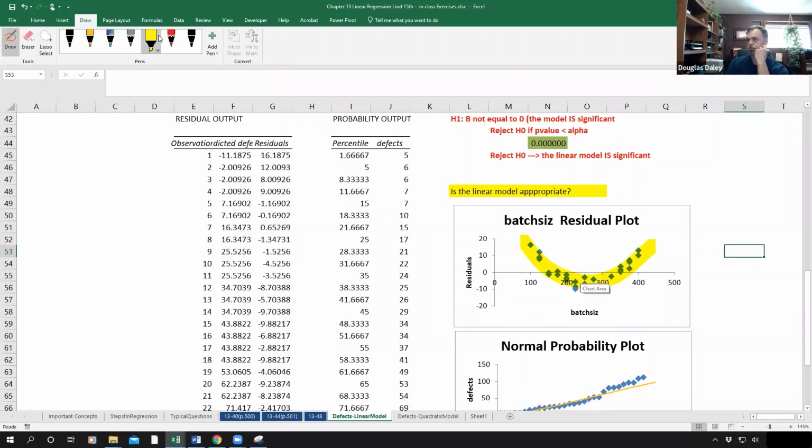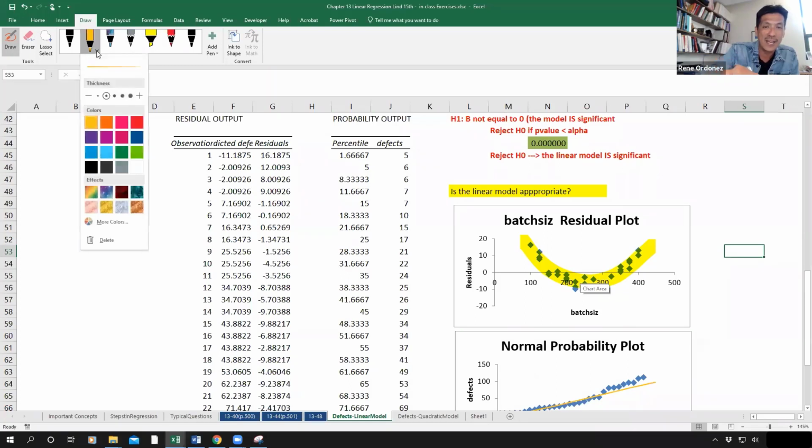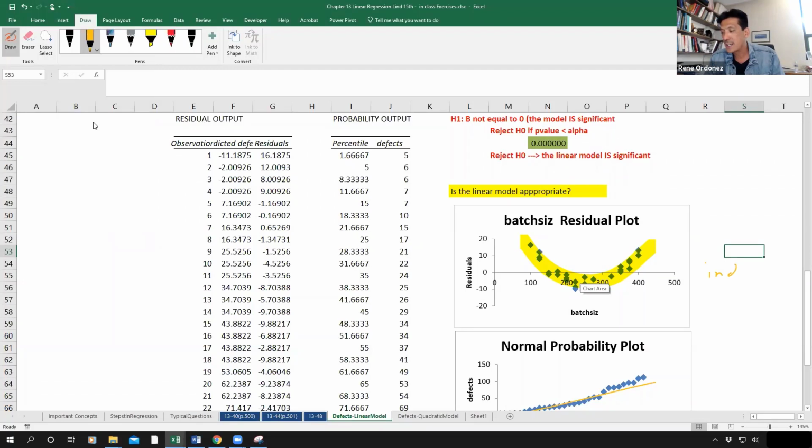So based on this, we will say that the independence or constant variance assumptions are not met.